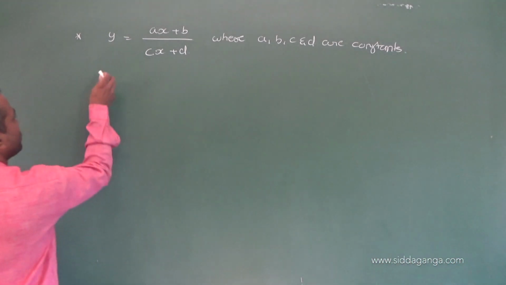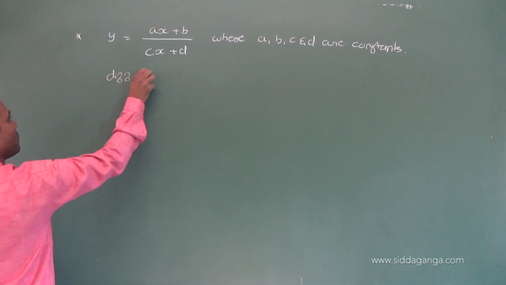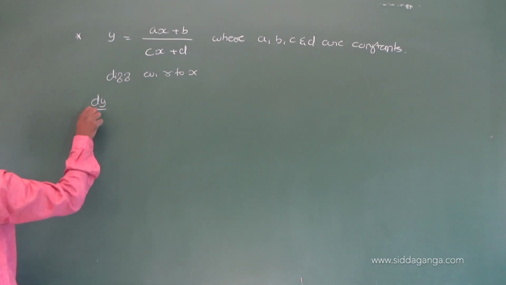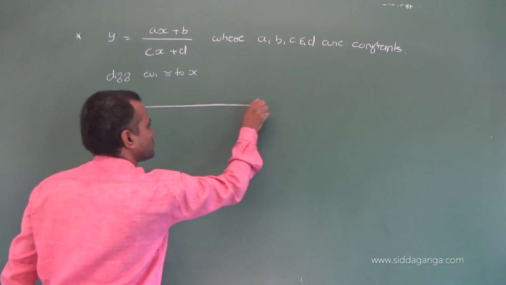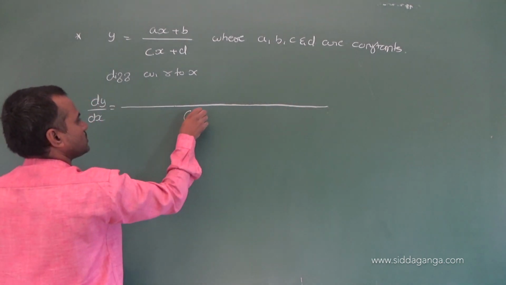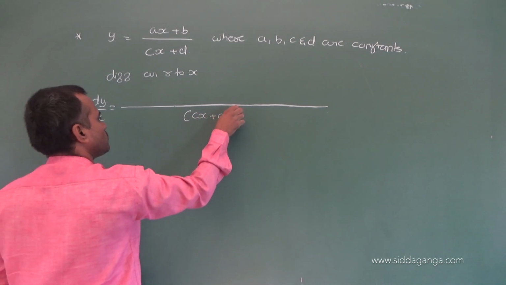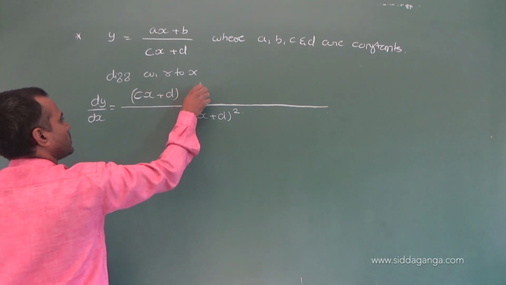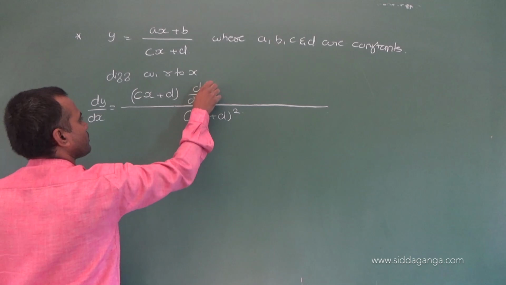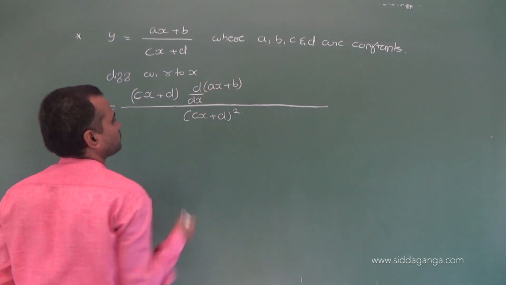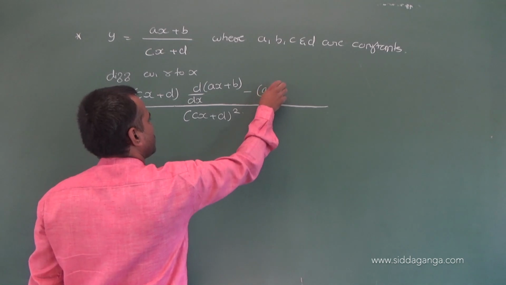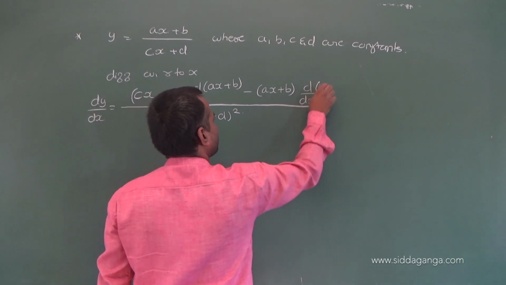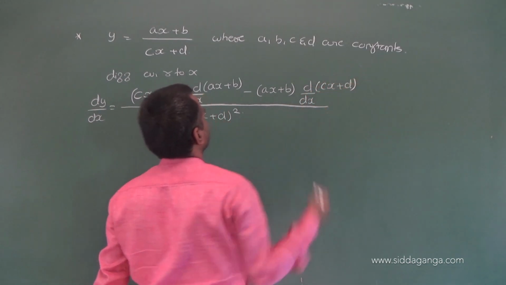Okay. Differentiate with respect to x. Y with respect to x is dy by dx, equal to (cx plus d) whole square in the denominator, cx plus d into d by dx of ax plus b, minus ax plus b into d by dx of cx plus d.